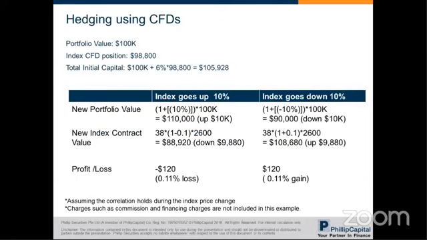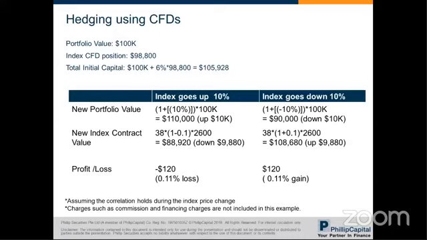So using that, your total initial capital that you need to fork out to hold this kind of hedging would total up to around 105,000. Okay, close to 106K. So we take these two scenarios. If the index actually goes up about 10%, you can look at your portfolio itself.